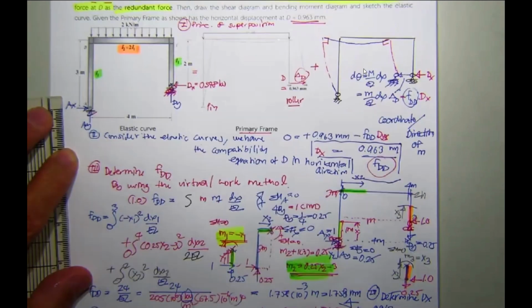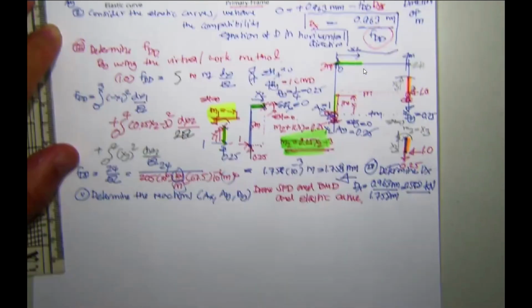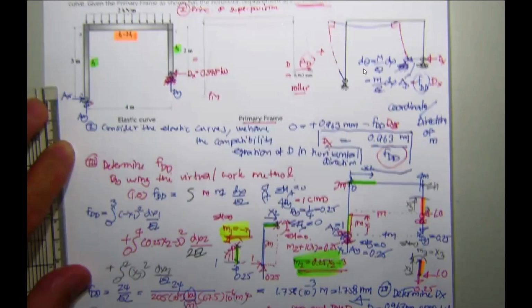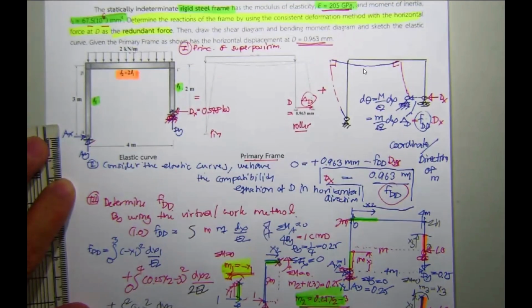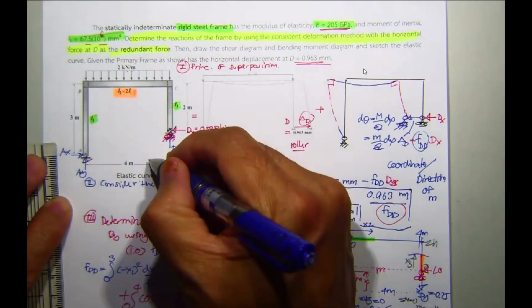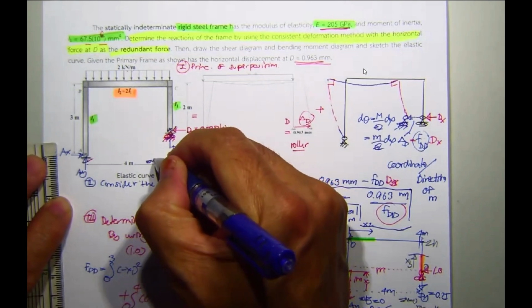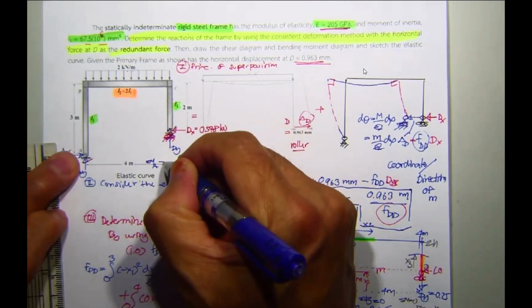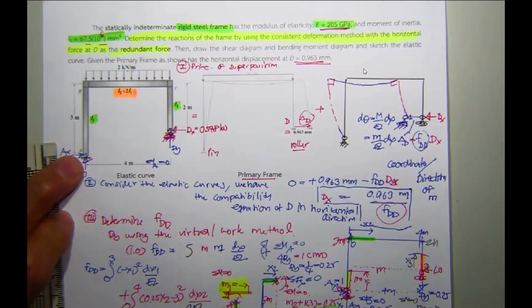Take the area over here. You don't have much area, so let me move over here. You take the summation of the moment at point A equal to 0.